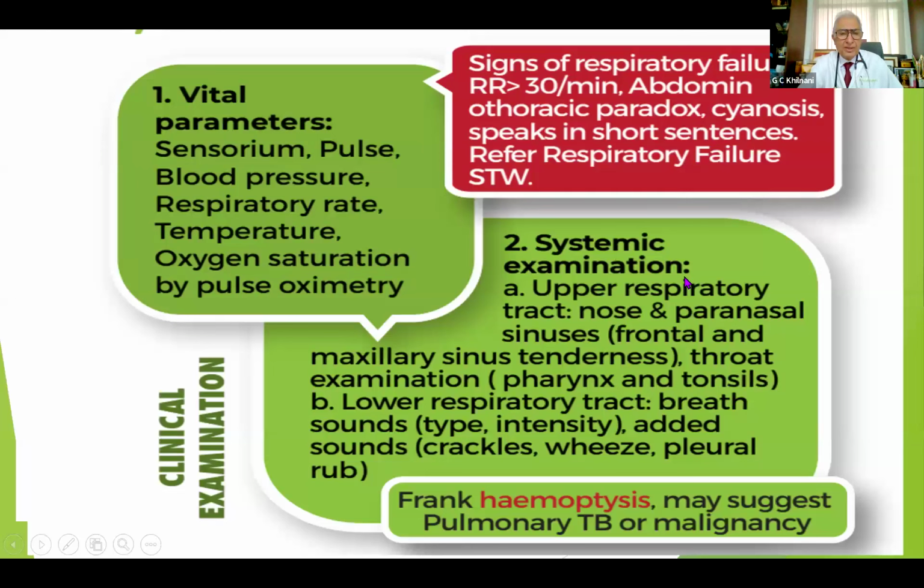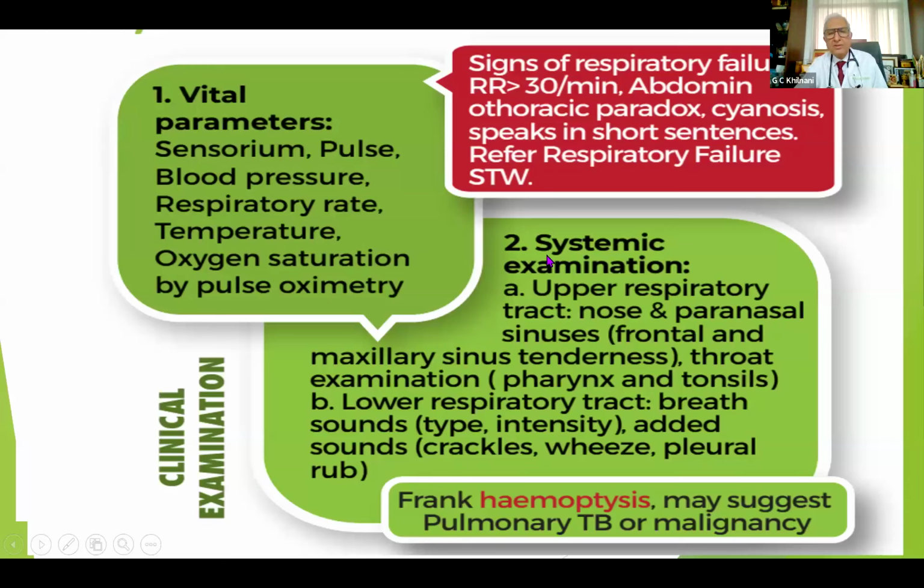At the same time, as soon as you see the patient, you examine the upper respiratory tract, also the sinuses. Look at the nasal mucosa, examine the respiratory system, and look for whether there are bronchial breath sounds, crepitations, wheezing, pleural rub, or features of pleural effusion.